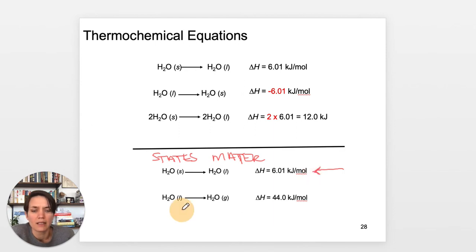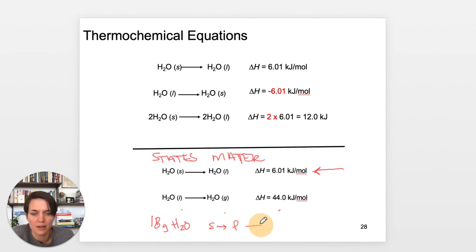Here, if we have a liquid going to gas, we would need 44 kilojoules, right? So if I had that same amount, I have 18 grams of water, which is representing 6.022 times 10 to the 23rd molecules of water, 1 mole. I would need to give it 6.01 kilojoules to go from solid to liquid.